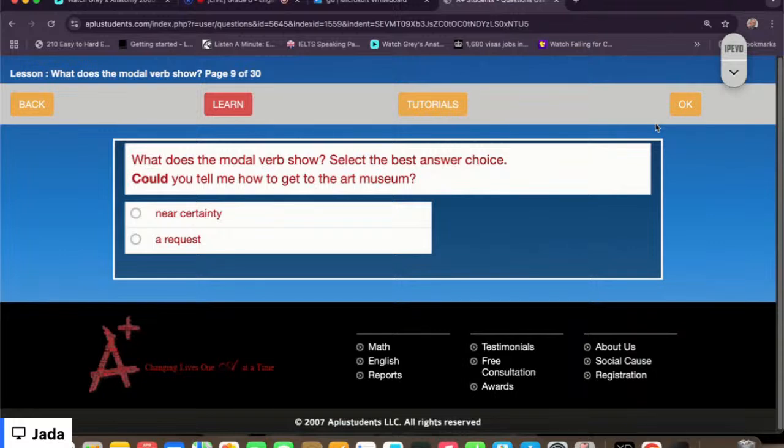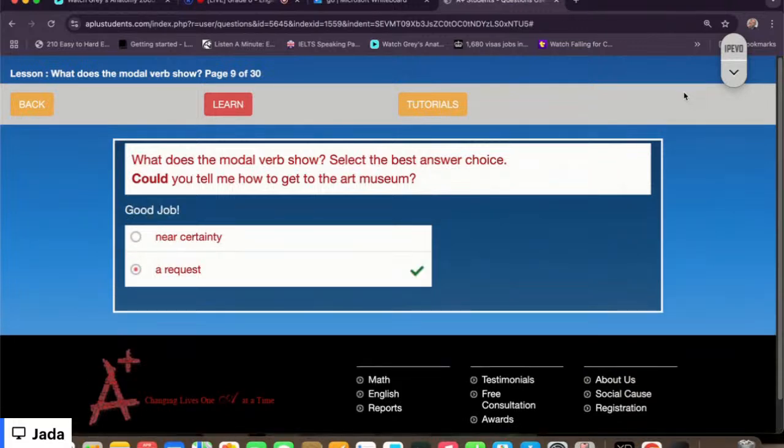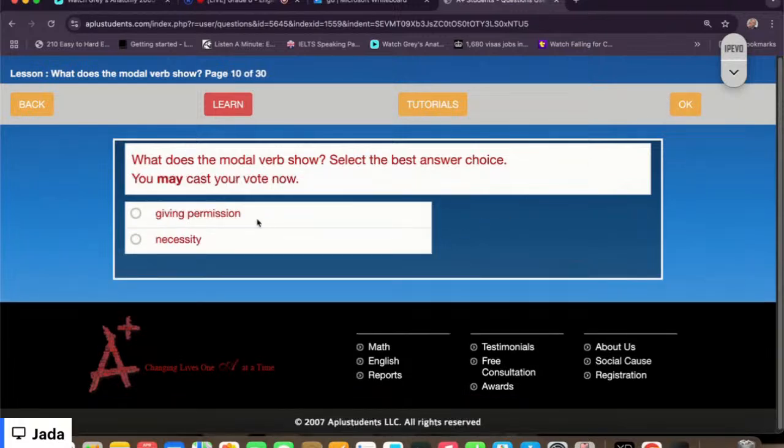Could you tell me how to get to the art museum? Request or near certainty? A request. You may cast your vote now.